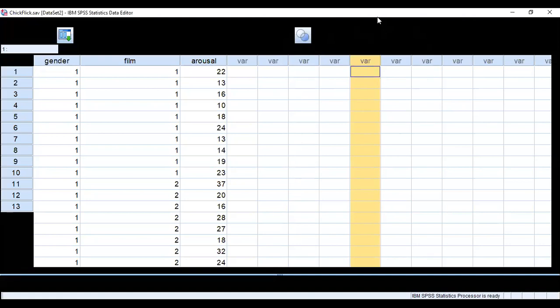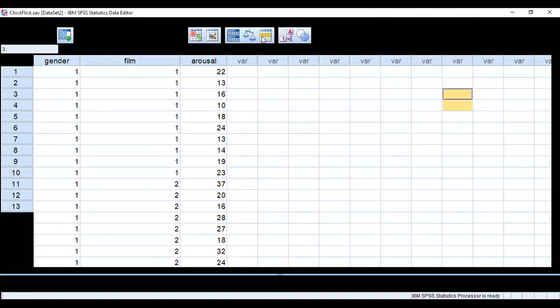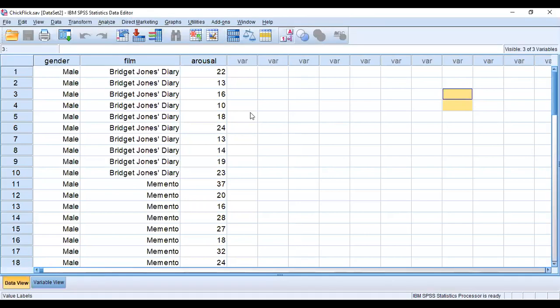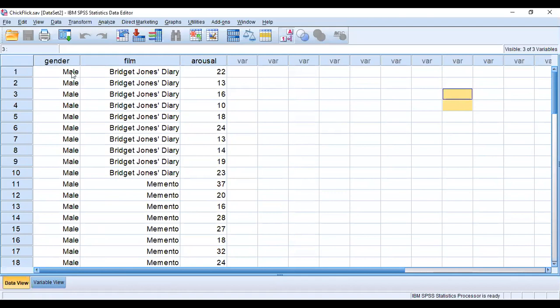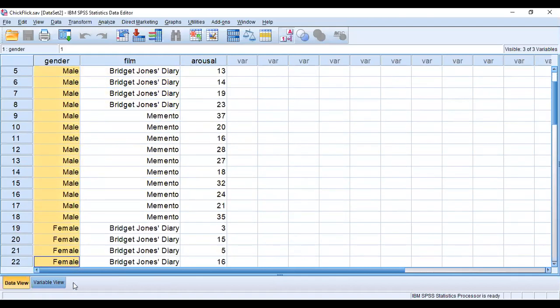Now this is my case study, and it tells about two movies. One is Bridget Jones, and second is Memento. There are two types of participants: male and female.